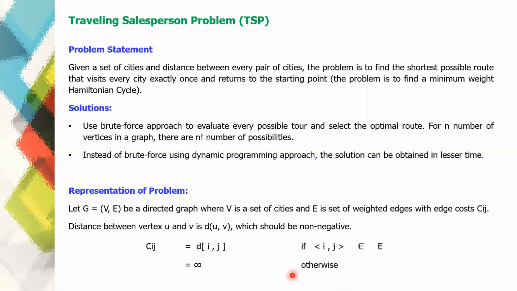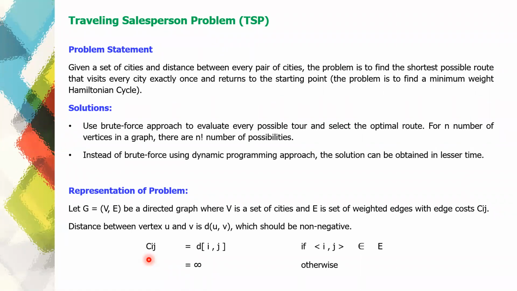If there is a direct route between i and j, then naturally there will be a weight associated with this edge. The weight is the distance between the ith city and the jth city, which is represented as Cij, where C is the cost. Cij is the cost between the ith city and the jth city.